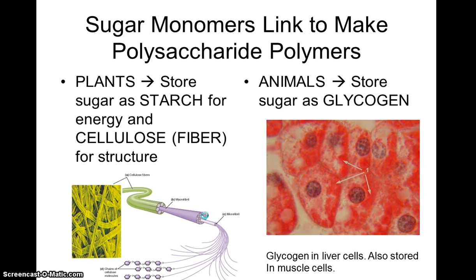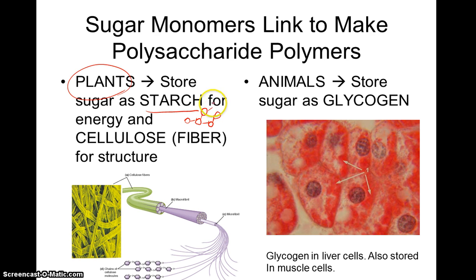Now, plants and animals store their sugars a little differently. Let's start over here with plants. Plants, we know, make sugar through photosynthesis. They take those sugars and build and build and build, and they can store all those simple sugars as starch. Starch is super branched, like lots of those sugar rings bonded together, branching out.